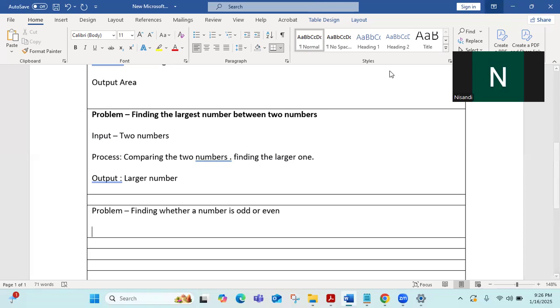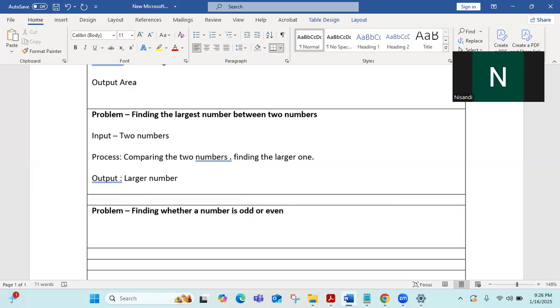So how do you find whether a number is odd or even?